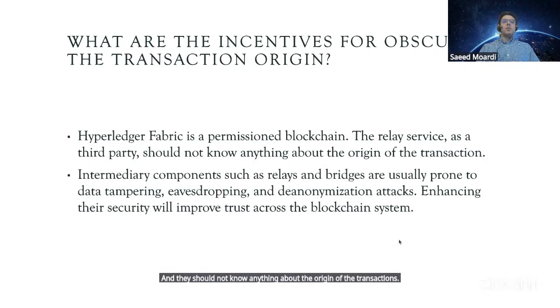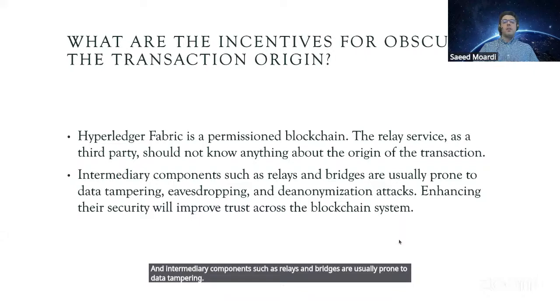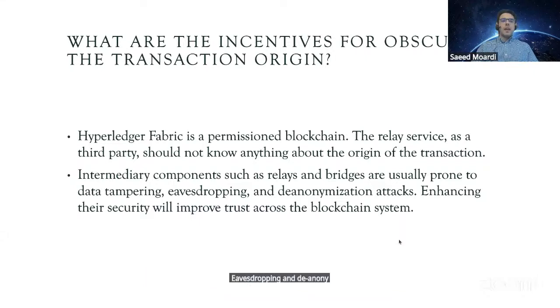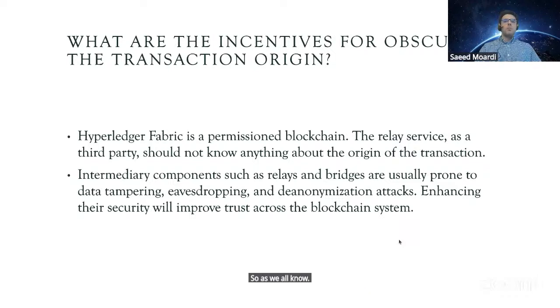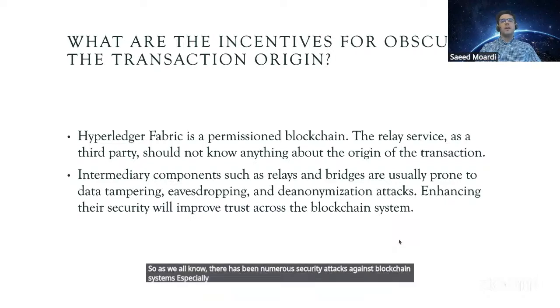And intermediary components such as relays and bridges are usually prone to data tampering, eavesdropping, and de-anonymization attacks. So enhancing their security will improve trust across the blockchain system. As we all know, there have been numerous security attacks against blockchain systems, especially when they take advantage of bridges and relays to interconnect with other platforms.